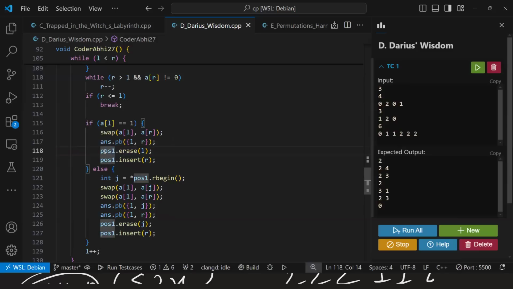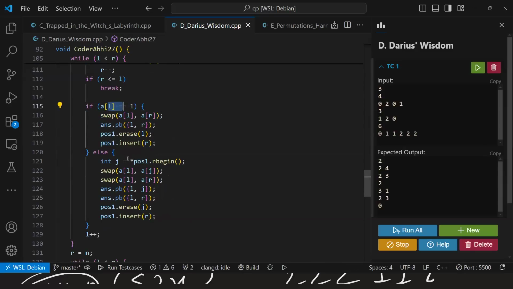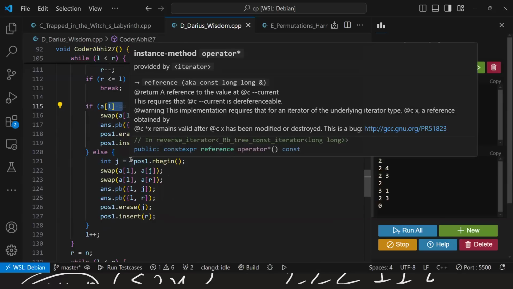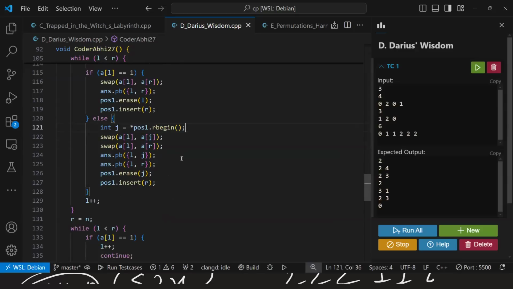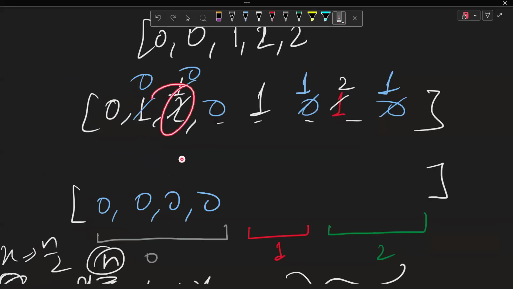Else, when AL is 2, I take the highest position of 1 that I have. In J, I get the highest position of 1 that I have. When I have a 2, whichever is the highest position of 1 that I have, I swap that 2 with 1.